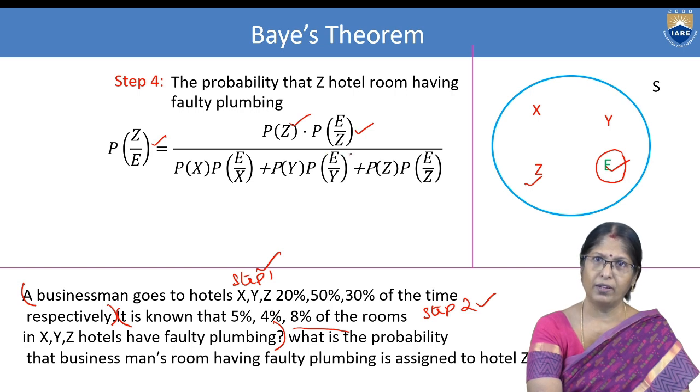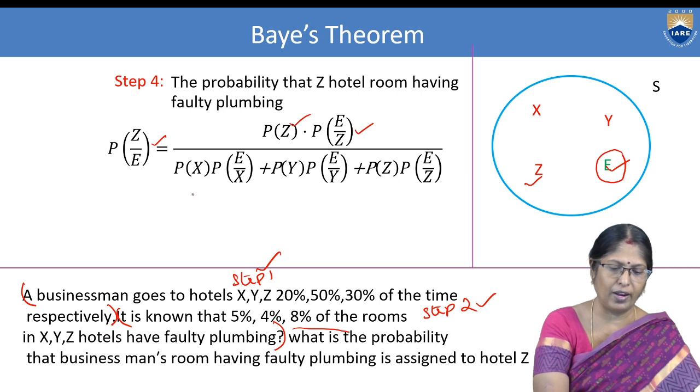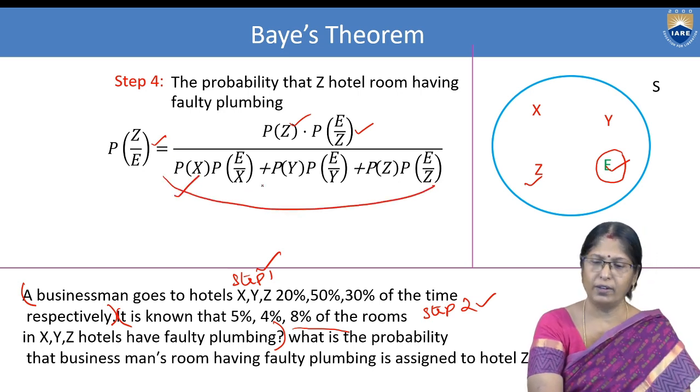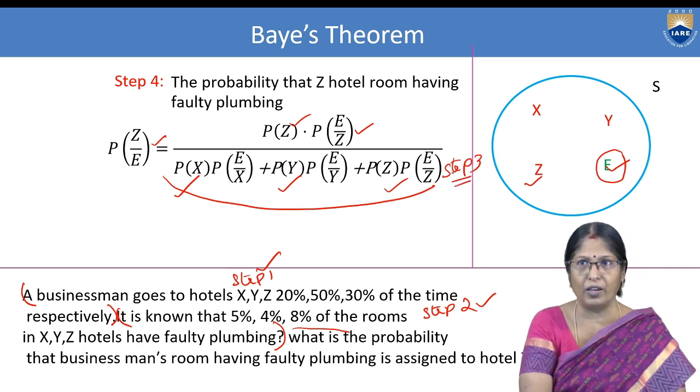Divided by the total, where all the main events play a role: X is our main event, Y is our main event, Z is our main event. In step 3 we already found that value.